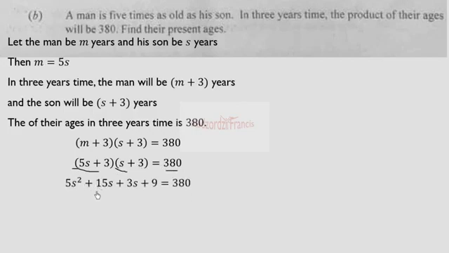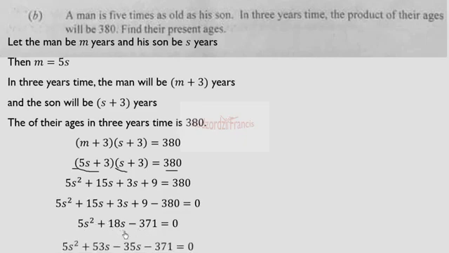So when you expand, you get this. You group similar terms and simplify this to get negative 371. Now the next thing we do is to split the middle term here, and that will be by multiplying 5 by this. Splitting the middle term, we get this expression.